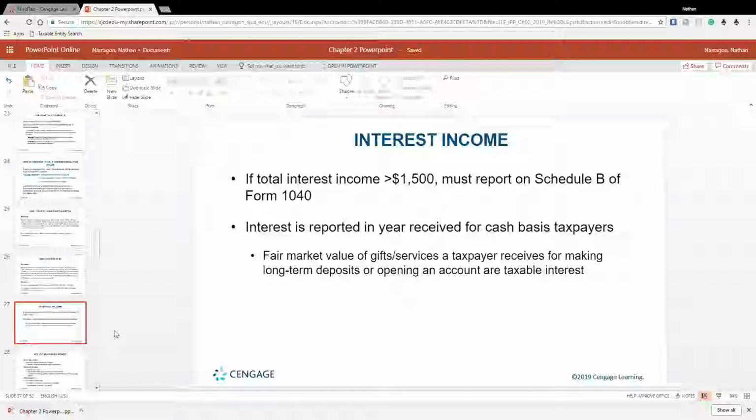So receiving that toaster, if you open a bank account, can be considered taxable interest. Normally we also have, like with a home, if you're doing owner financing, that interest is also included in here. So anytime you do the owner financing, you need to include your interest.